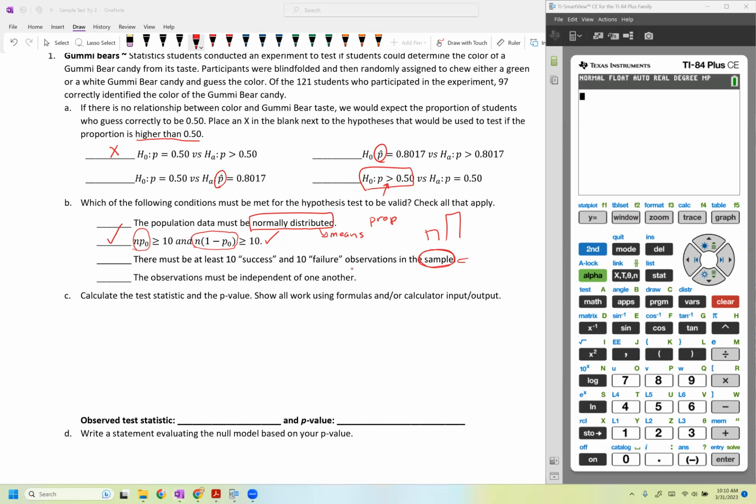This is a correct answer for a different question having to do with confidence intervals. So for confidence intervals, we only look at the sample, but on a hypothesis test, we look at the expected numbers. Observations must be independent of each other. That is also an assumption that must be made.